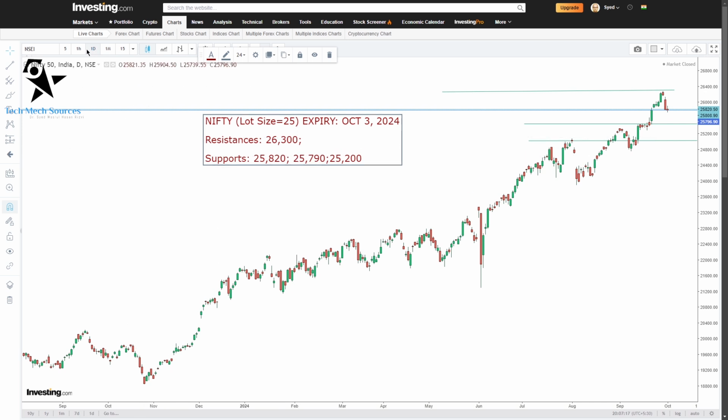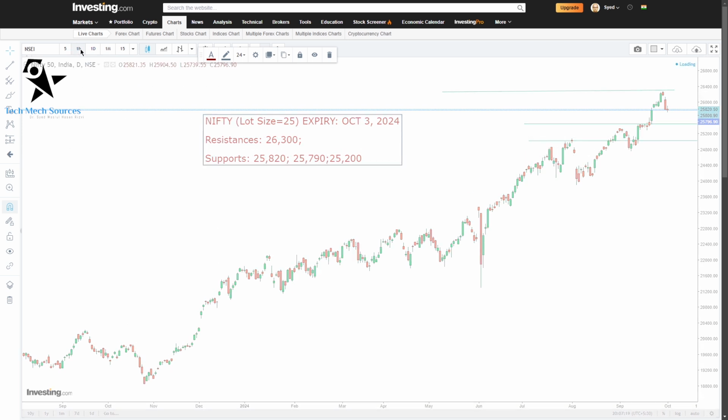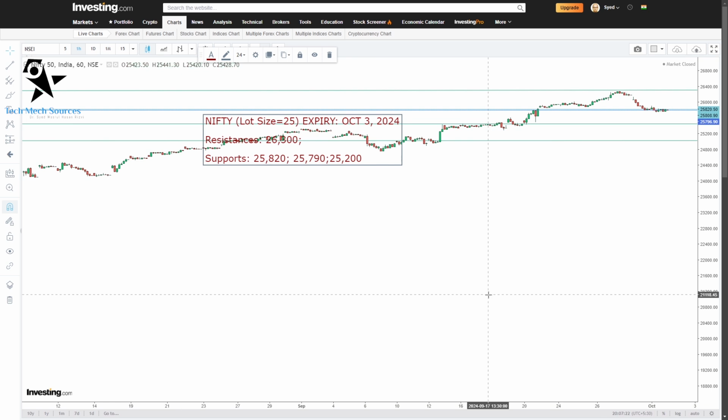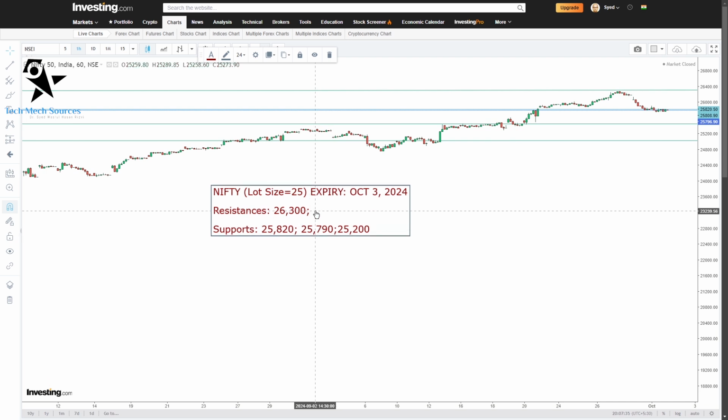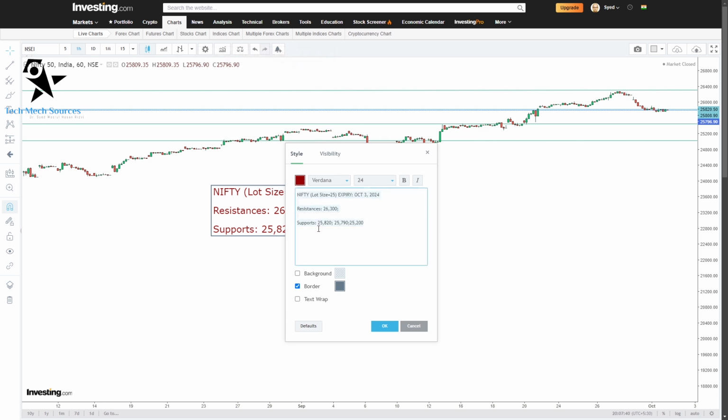Now let us talk about the hourly one, where the supports and the resistances will change, where we can see a support at 25,970 as well. 25,970 is again another support.